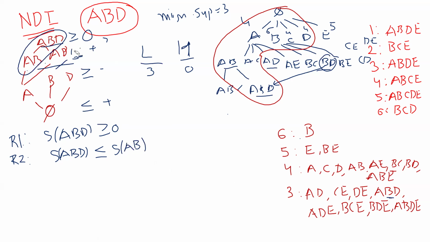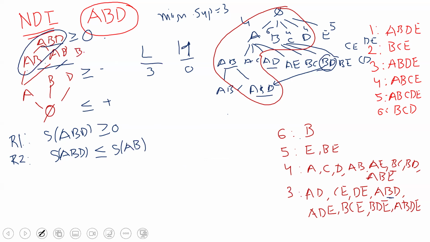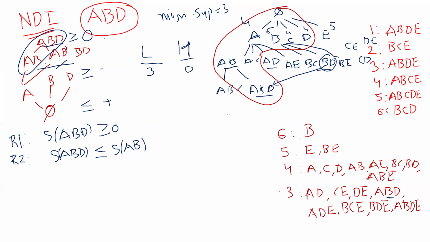BD also comes here because ABD is actually derived from BD also, and the support would be less than or equal to. So I'm coming back to the second level.